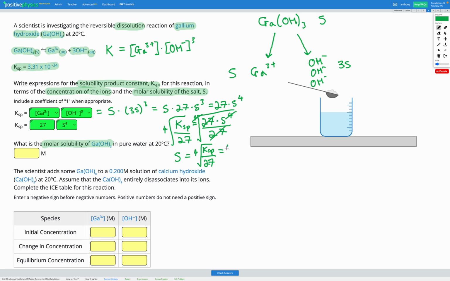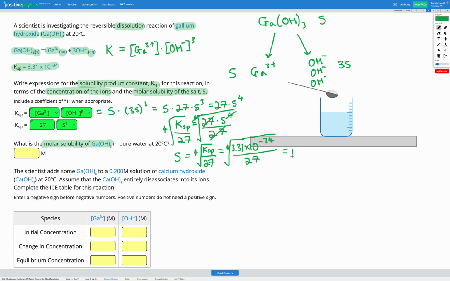So let's put that into our calculator. KSP is 3.31 times 10 to the power of negative 34 divided by 27. So let's put that in our calculator now.